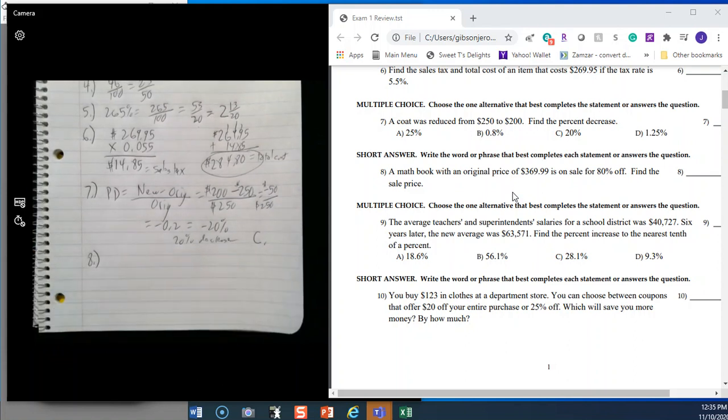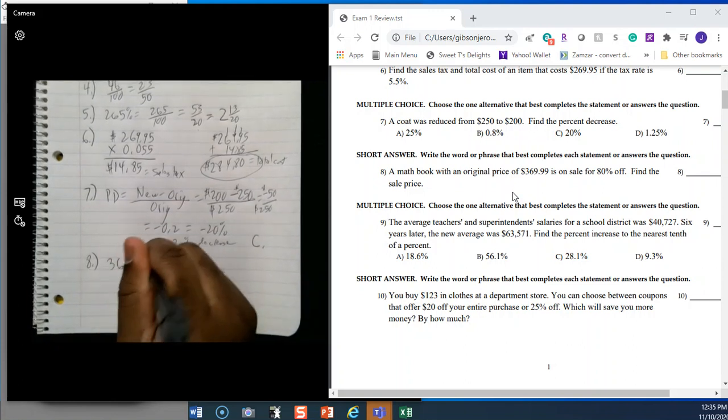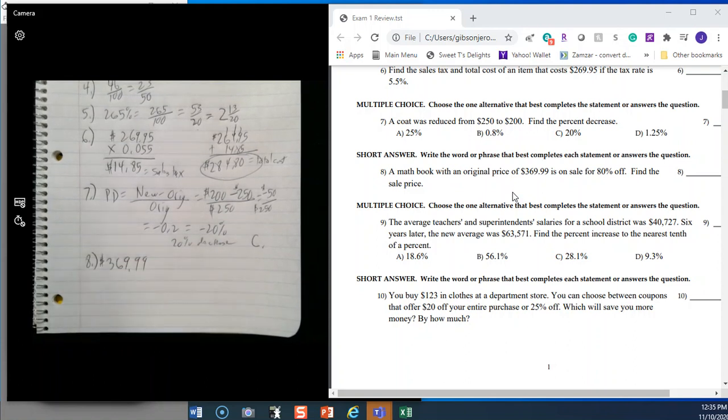A math book with an original price of $369.99 is on sale for 80% off. Find the sales price. Okay, first of all, the $369.99. If we paid that full amount, that would be 100% of the cost.